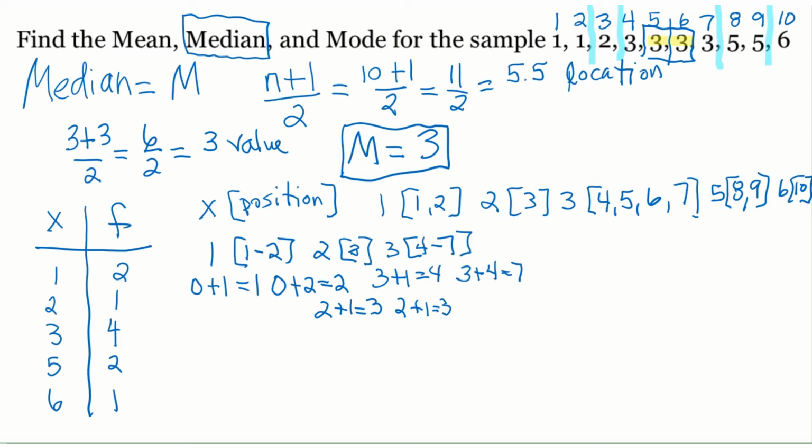Then I'm going to do the same thing for 5. I'm going to take that 7 and add 1. That's going to be the lower boundary for my 5. And then I'm going to take the 7 and add 2, because it has a frequency of 2, to get the upper boundary.